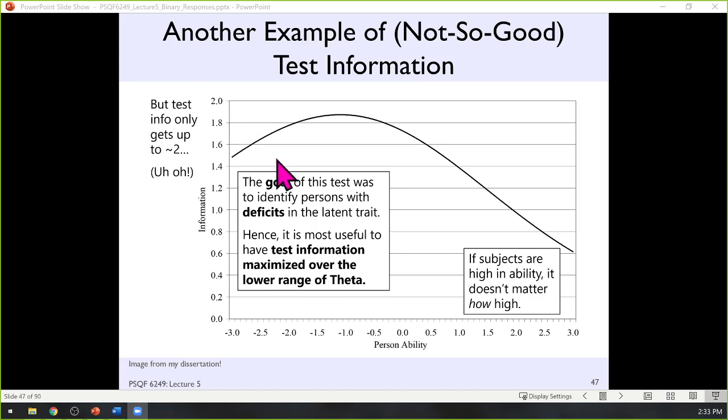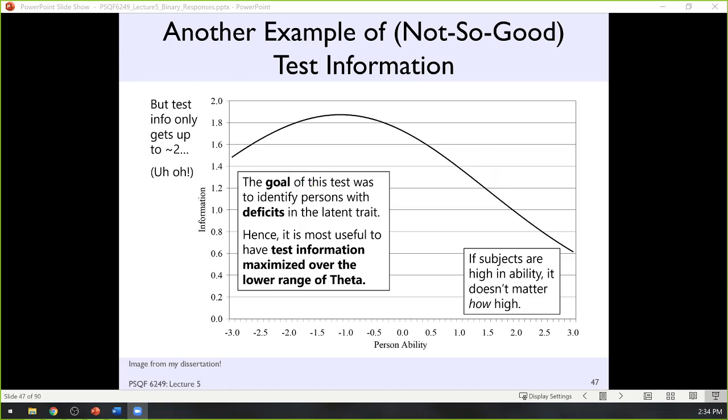If I wanted to talk about this in terms of reliability, it's information divided by information plus 1. In other words, the maximum level of reliability at any point in my scale is less than 0.67. Oops. So my test actually sort of sucks. But done kind.